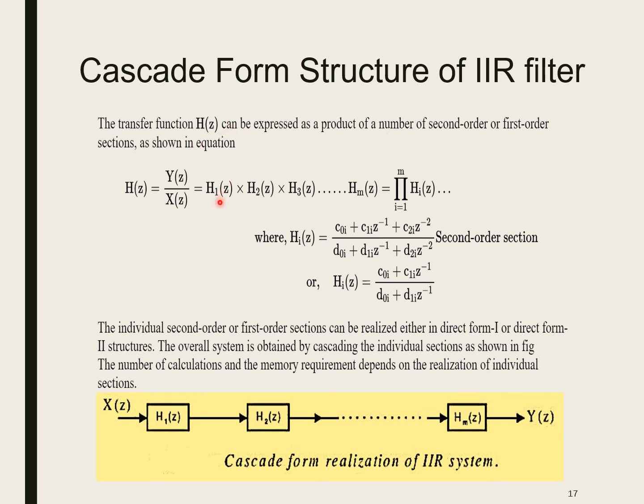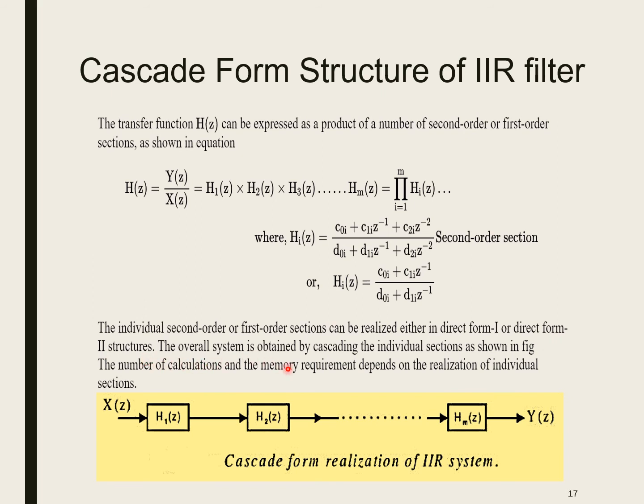So cascade is a series of transfer functions multiplied together, that is h1 of z into h2 of z into h3 of z up to hm of z, which is nothing but the product of i equal to 1 to m hi of z, where hi of z can be the coefficients of a second order section or a first order section. The individual second order or first order sections can be realized, one more thing, in cascade form, we can design it using direct form 1 structure or otherwise direct form 2 structures.